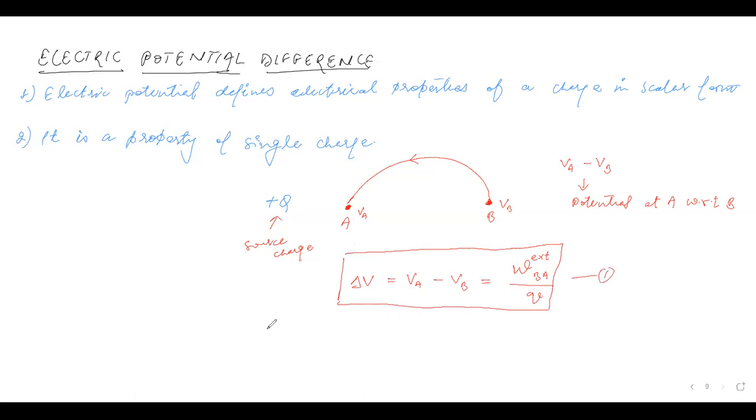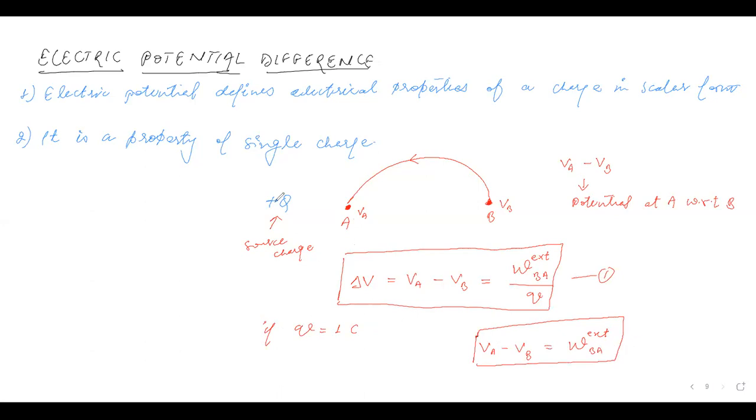If your charge is 1 coulomb, then VA minus VB can be written as W of BA external. This is the relation between electric potential difference and work done.